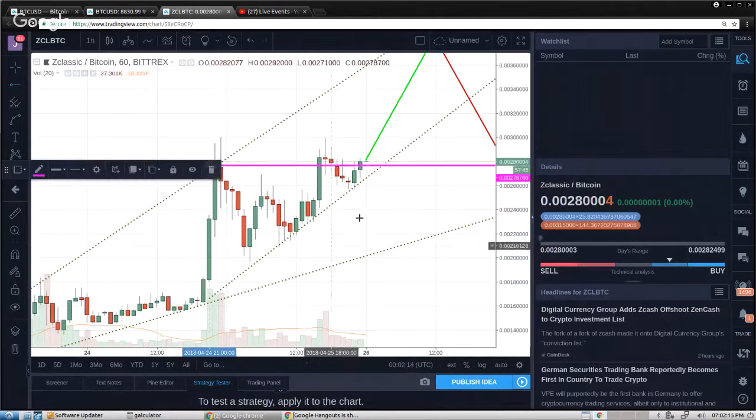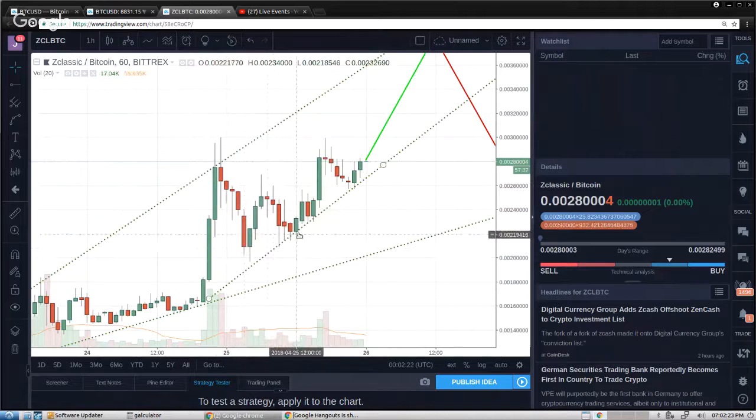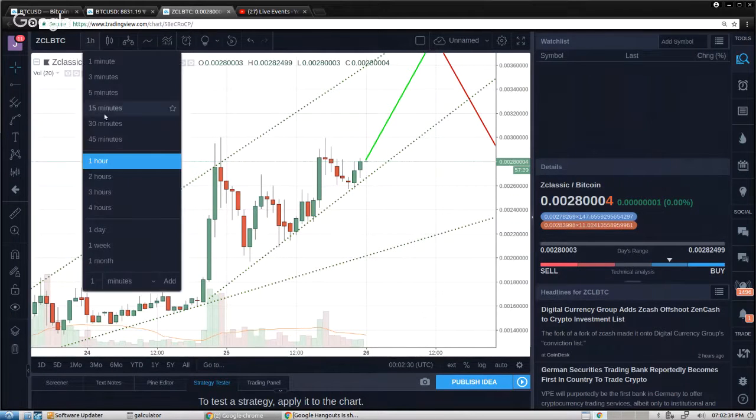In this case, it looks like we broke above that, so this is the trend of lows. All right, we got our lines drawn on the 1-hour.